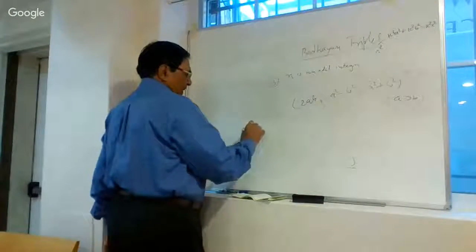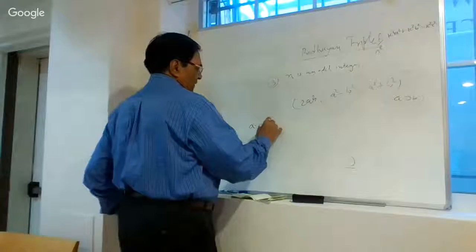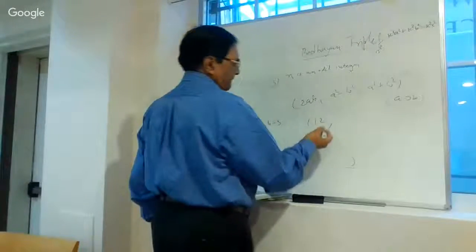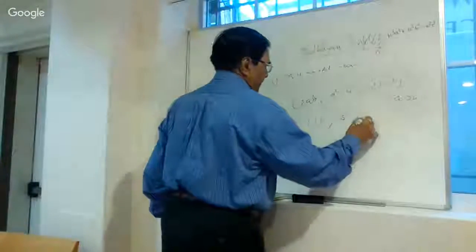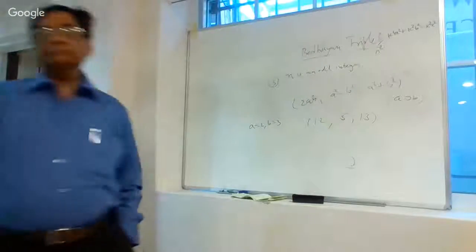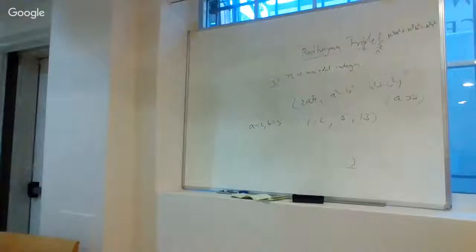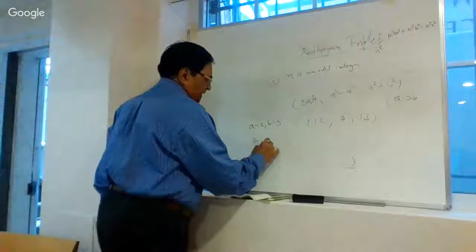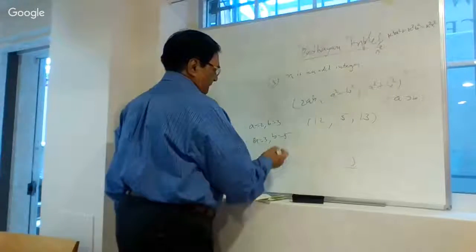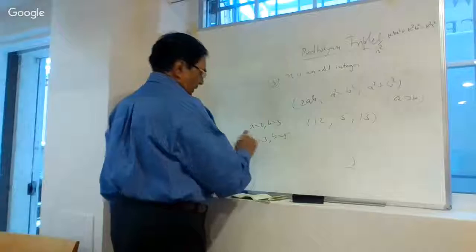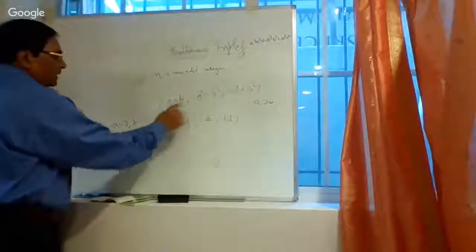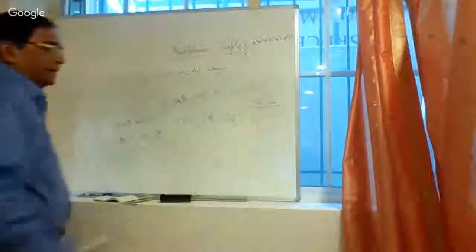I think a is equal to 2, b is equal to 3, this will be 12, 5 and 13. Sorry, a is equal to 5, b is equal to 3 and b equal to 2. Should remember a is to be greater than b.